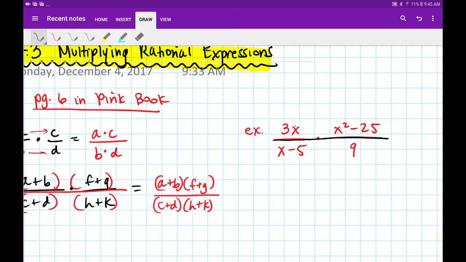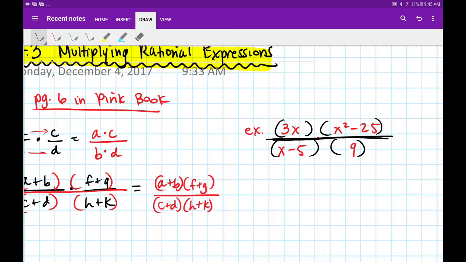Just multiply them by showing your parentheses. And notice how I'm just extending the fraction line. Because this is all really going to turn into one big fraction with 3x and x squared minus 25 multiplying together on the top, and then these two denominators multiplying together in the bottom.